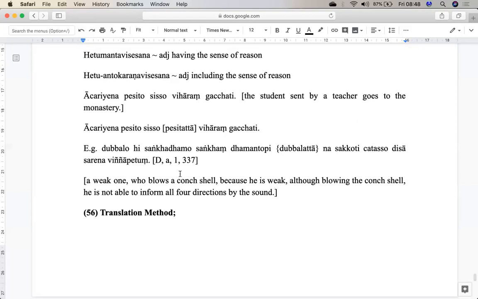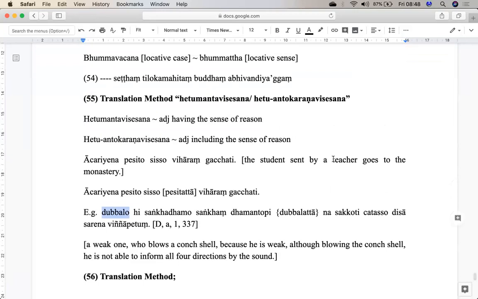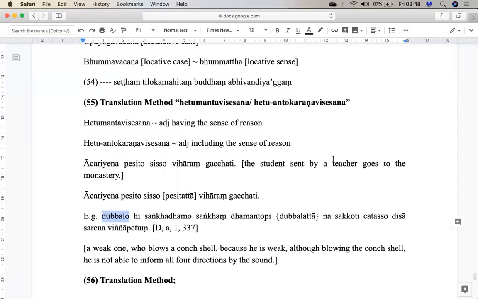So here Dobalo is actually modifying the Sinka Dhammo, but it can be the reason for the Na Sakodi. So that is called the Hedu Manda Visisana, or Hedu Andograna Visisana, including the sense of cause, sense of reason.